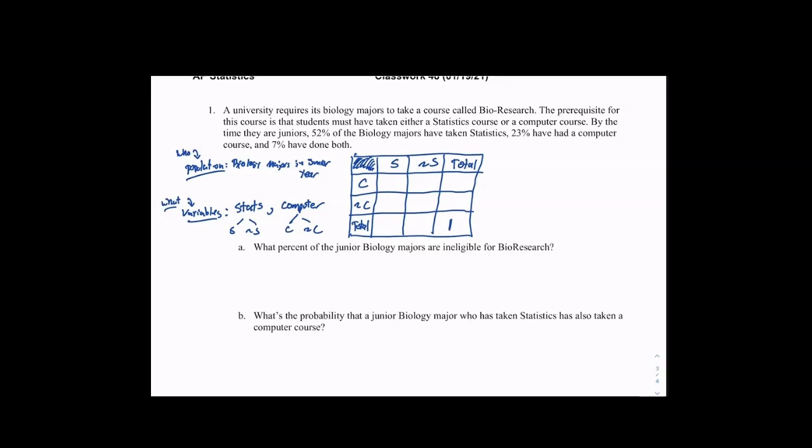Now we will fill in the information. All right. So box 1, 2, 3, 4, 5, 6, 7, and 8. Let's say these are my 8 boxes. The first information says 52% of the biology majors have taken statistics. Which box does that go into? Which box am I going to place something into?